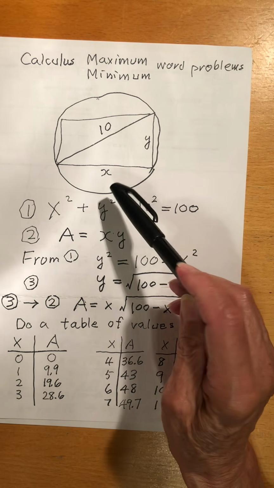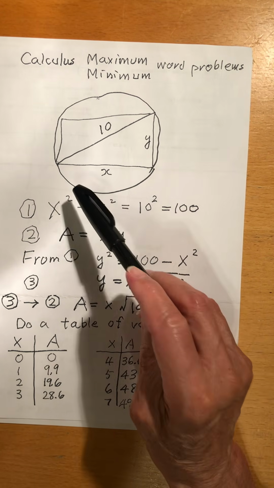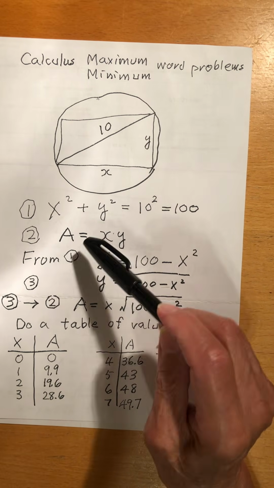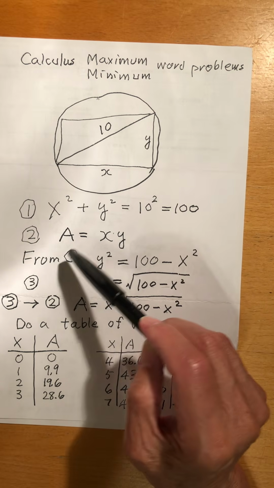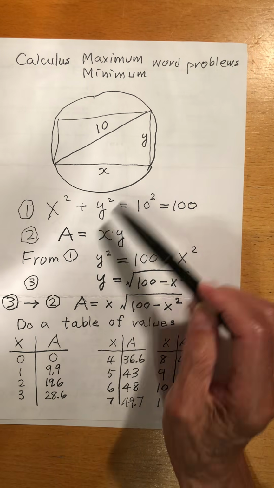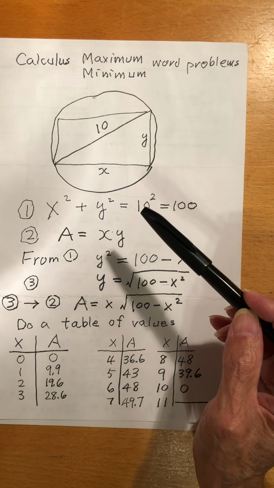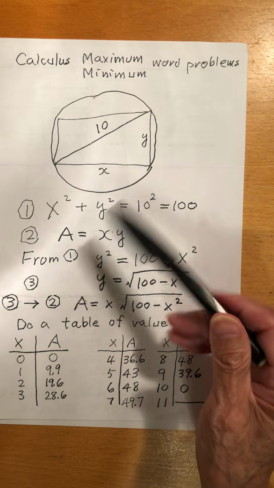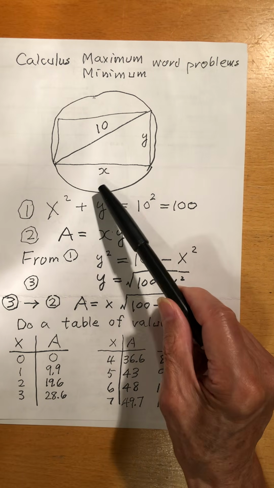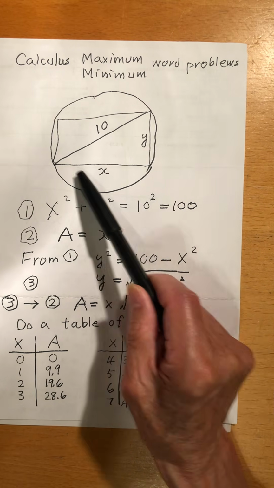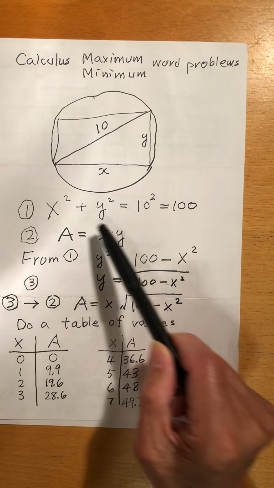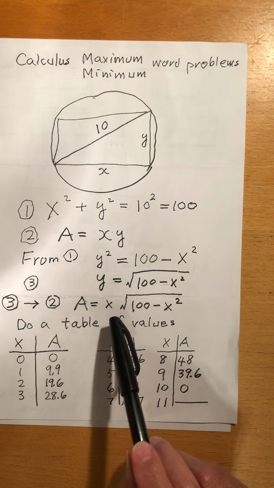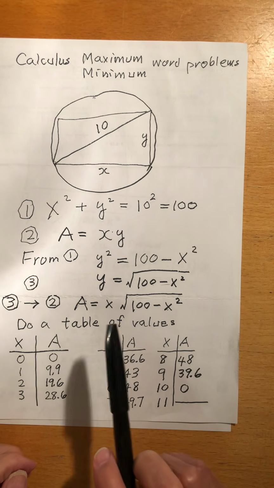And then you give some variable in the diagram. So in this question, the area is xy, which contains 2 variables, so you must eliminate one of them. x and y are related by the Pythagoras theorem, so use the Pythagoras theorem to eliminate y. Then your area is a function of x only.